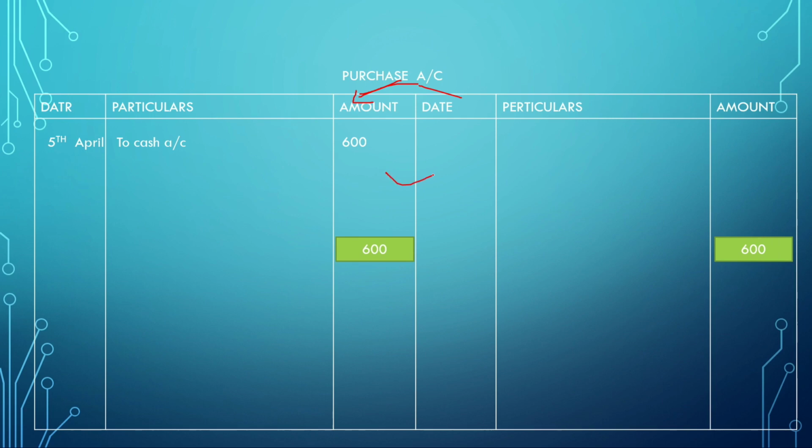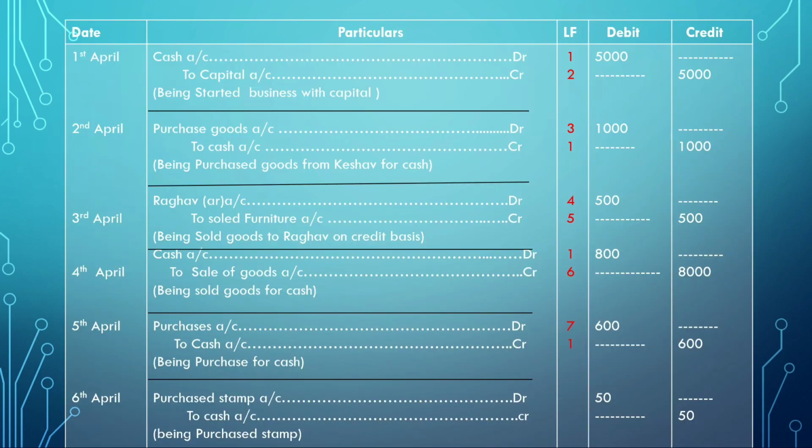Here in the credit the deficit amount is carried down from the debit side, the 600, balance carried down. This happens at the end of the month, 30th April. This balance will be brought down to the next month's opening balance, balance brought down 600. Okay, next we'll go with another item.